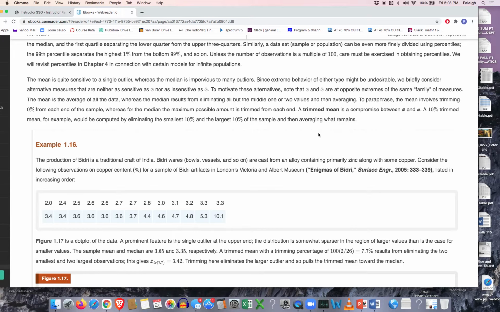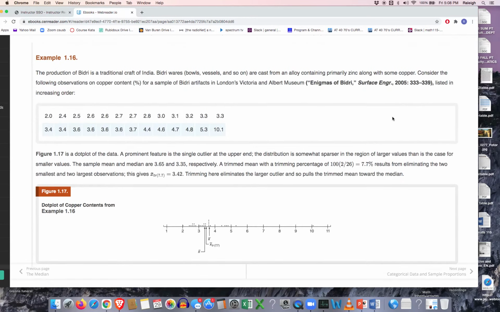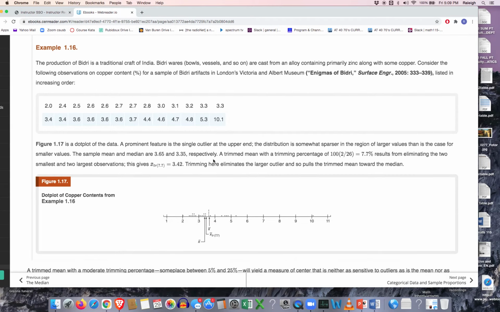Now, trim mean being a compromise of the two, but the thing that I always forget is the 10% trim mean is actually trimmed off twice that much, or 20% of the data. And so they kind of show an example here, and these are perfect multiples of 10, which is nice. So you can trim off out of the total of 20, the bottom 2 get trimmed off, and the upper 2 get trimmed off. So they will be kind of lopped off at the end, and so we wouldn't have to worry about it.